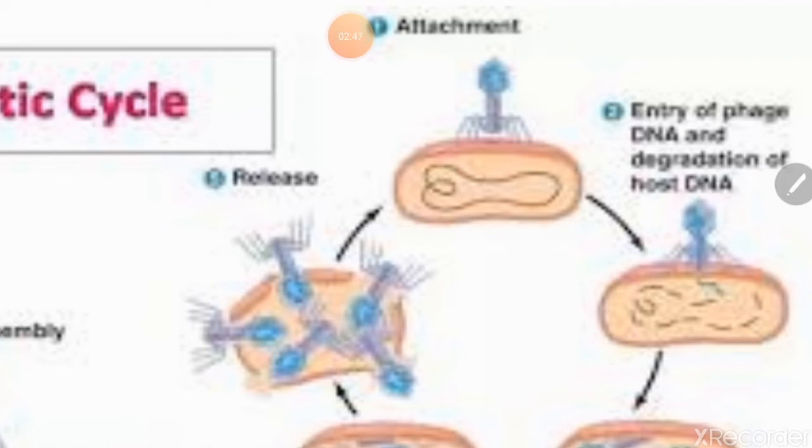As you see, this virus is specific for bacteria. It doesn't invade any other living cell. It can invade bacteria to make more viruses. So this will be very dangerous.